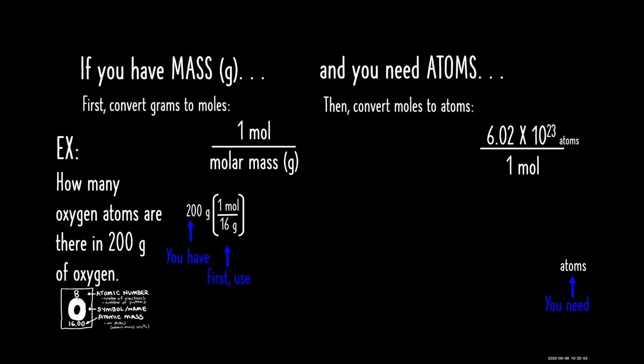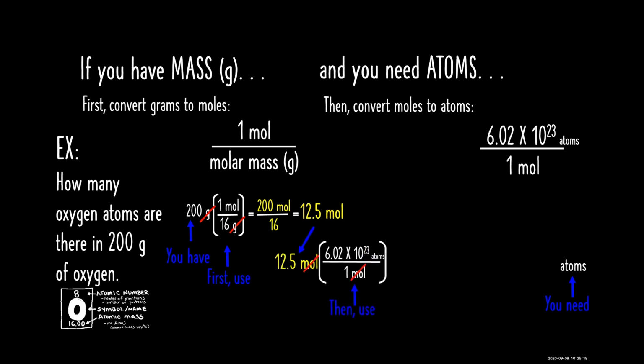So multiply 200 grams by the conversion factor of 1 mole over 16 grams, which is the AMU for oxygen. And your answer works out to be 12.5 moles. Take that answer and multiply it by the conversion factor of Avogadro's number over moles. And your answer becomes 75.25 times 10 to the 23rd atoms.